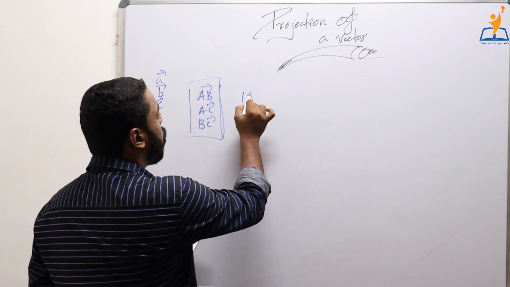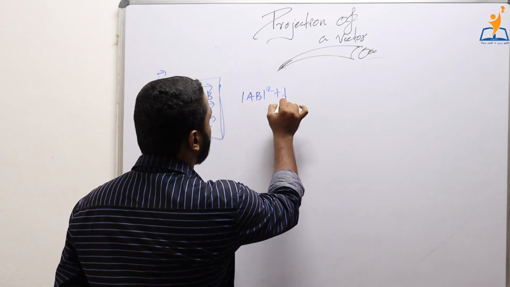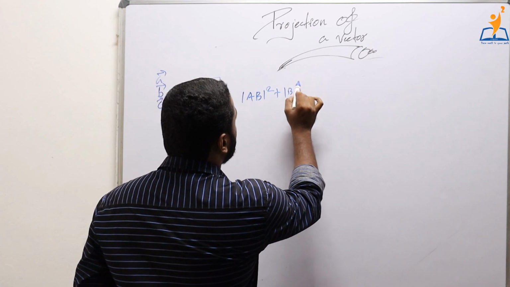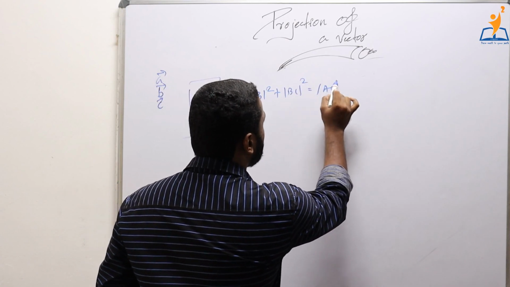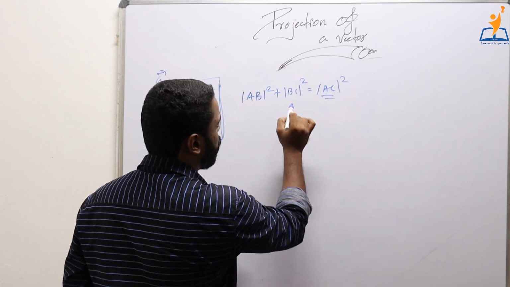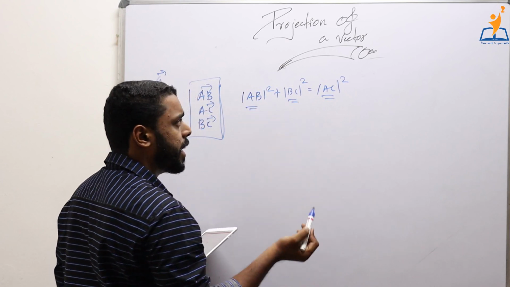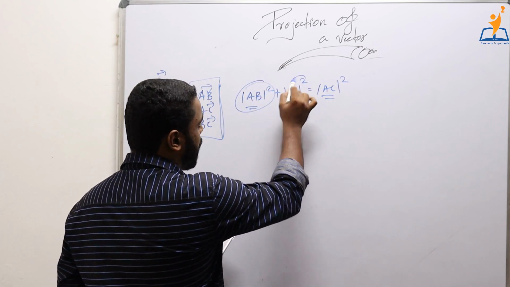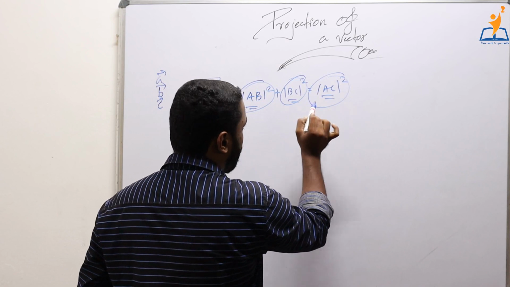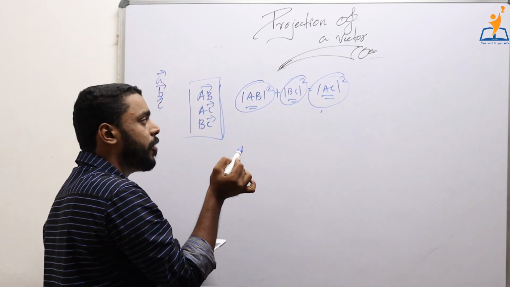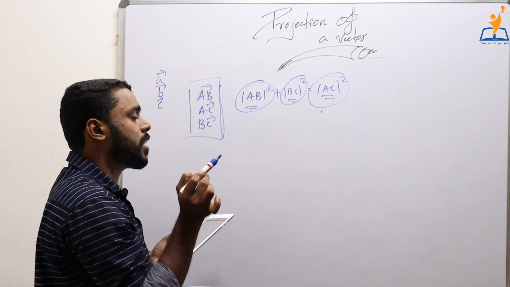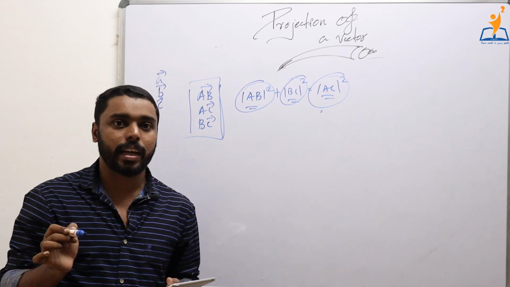If we get modulus of AB squared plus modulus of BC squared equal to modulus of AC squared, then definitely AC is the hypotenuse, BC is the base and AB is the height. Similarly, if we can have an equation like this, then definitely we can say that these three points are the vertices of a right angle triangle.